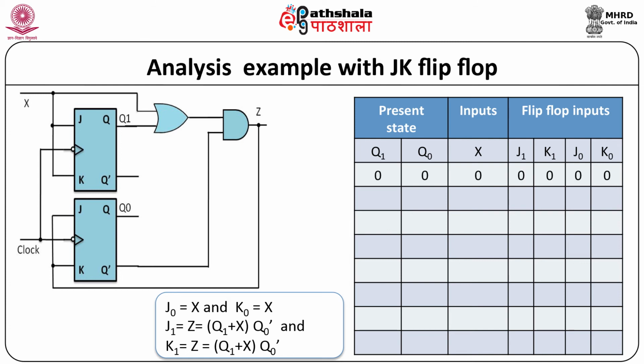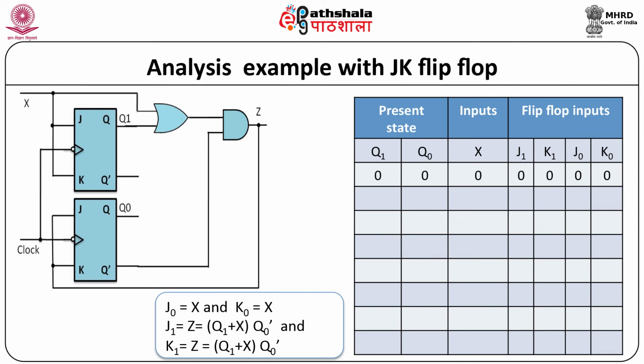Let us now obtain the flip-flop inputs for each combination of present state and inputs. Now, the present state Q1 Q0 is equal to 0 0 and the input x is equal to 0. Using excitation equations, we can obtain the values of excitation variables, that is J1 is equal to 0, K1 is equal to 0, J0 is equal to 0 and K0 is equal to 0.